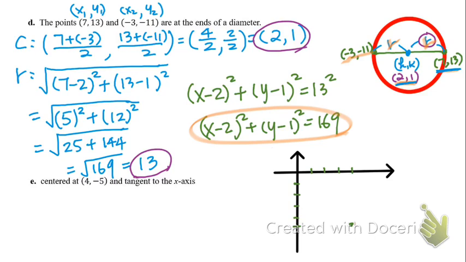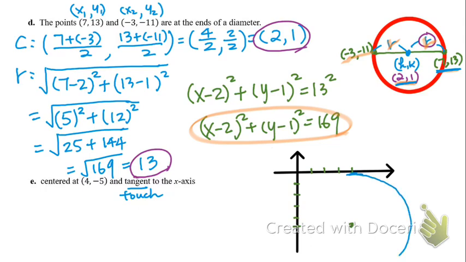Okay, so that's just the center, right? What it said is the circle is tangent to the x-axis. Now that's the key word right there. What does tangent mean? Tangent means to touch at the x-axis. So this is the x-axis right here.